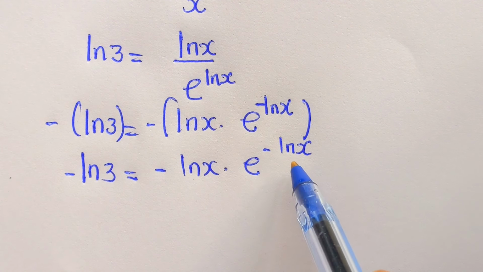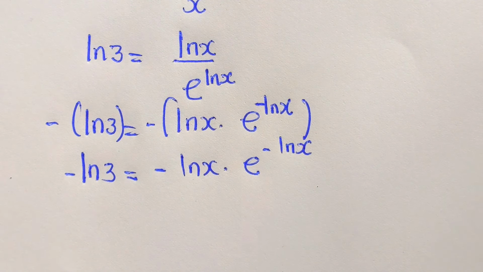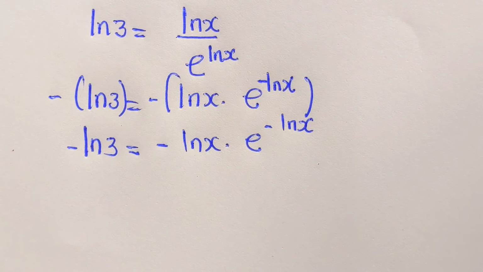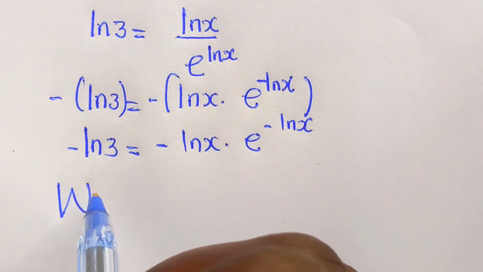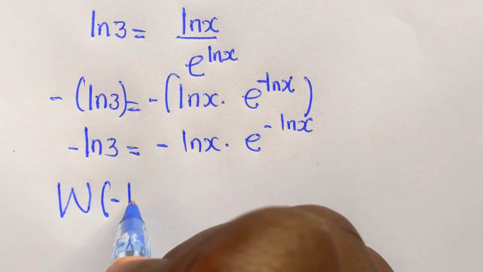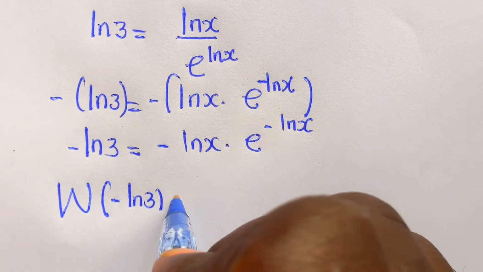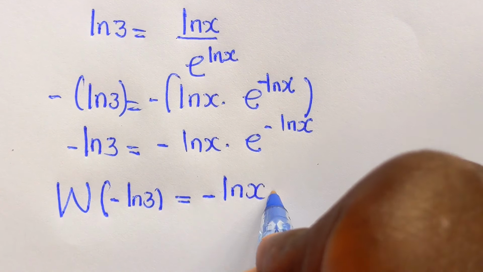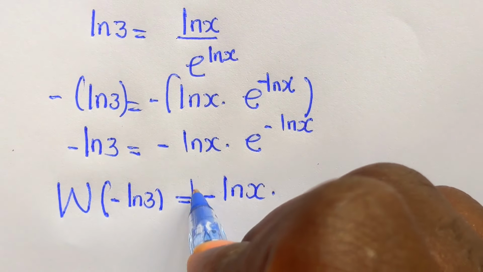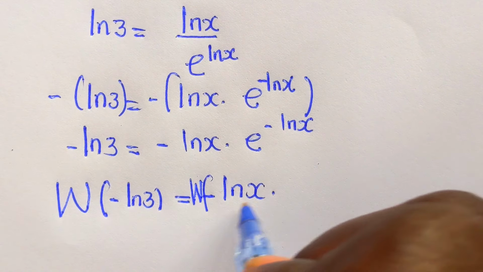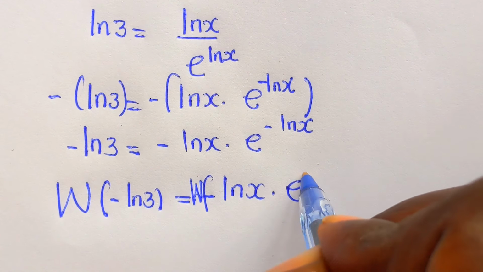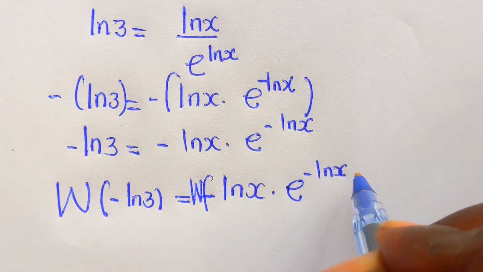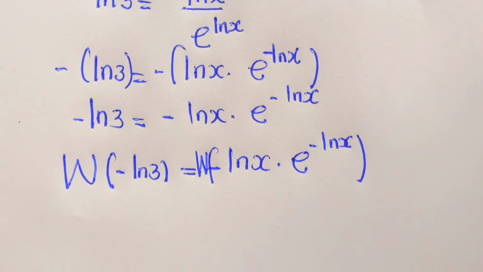So that you have a negative ln x here and a negative ln x there, so we shall apply the Lambert W function to get W of negative ln 3, which equals W of negative ln x times e^(-ln x).